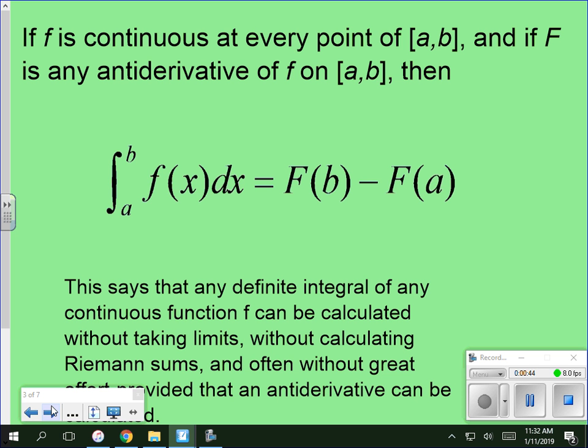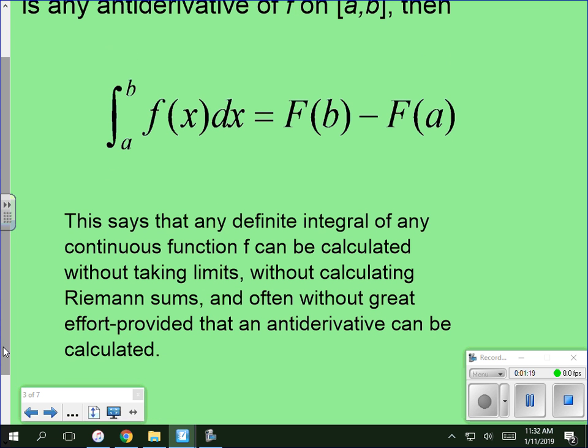In other words, a definite integral of a function is equal to the antiderivative evaluated at the upper bound minus the antiderivative evaluated at the lower bound. That's what this is. And this is a direct result of part 1 as far as coming up with the proof for it.